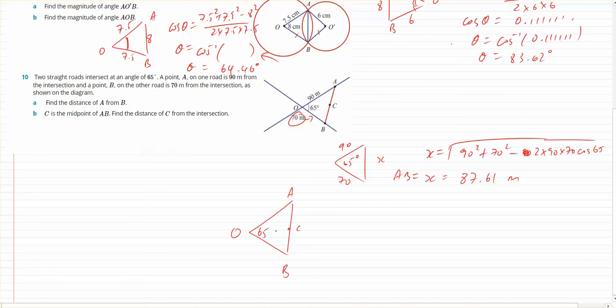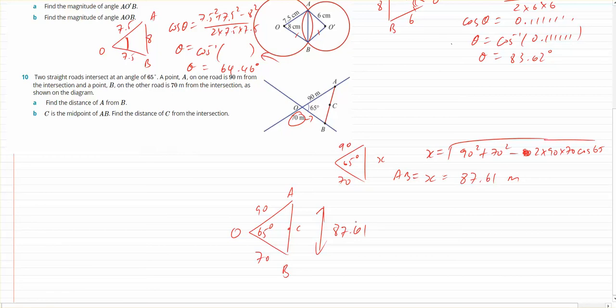So all I need to do is I need to first find angle O, because we know this is 90 and we know this is 70 degrees. We know this length is 87.61. So we need to find OC. We can't find OC straight away.